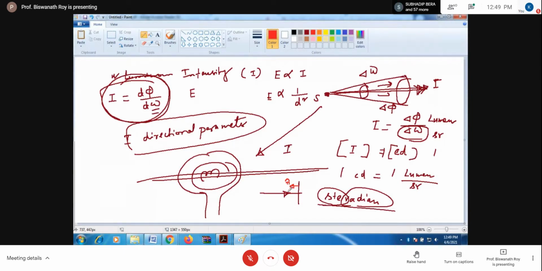If the direction of the unit normal vector and the direction of light are parallel, we call the light incident normally, perpendicularly. Under this condition, E is equal to intensity by distance square. So this law is valid for normal, perpendicular incidence.